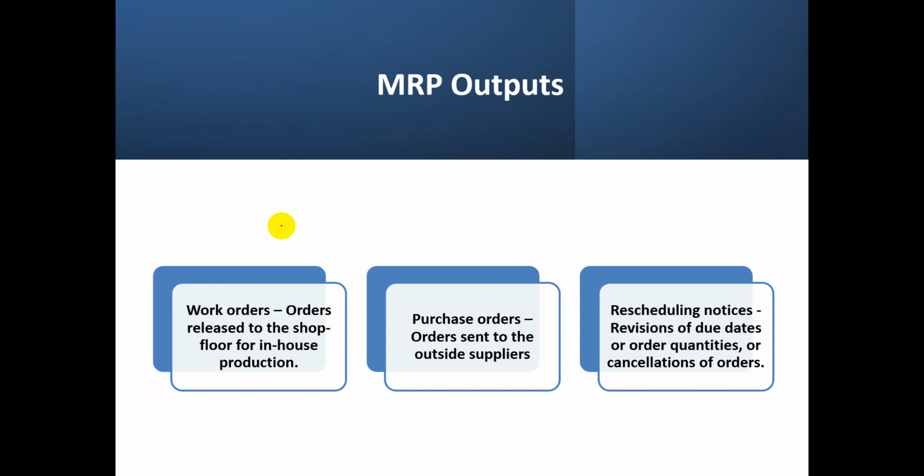Then what are the MRP outputs? MRP outputs are work orders, the orders released to the shop floor for in-house production, and the purchase orders, orders to be sent to suppliers, and the rescheduling notices, the revisions of due dates on order quantities or cancellation orders.